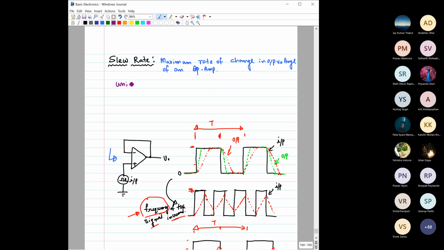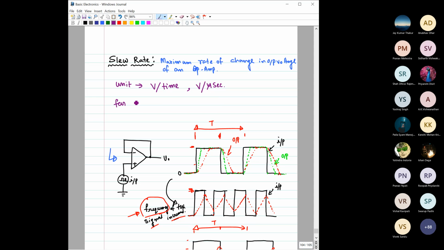Volt per second. Volt per time, right? Yes, you are right. Typically, second is too much time for a signal, so it has been defined as voltage per microsecond. So voltage per microsecond.